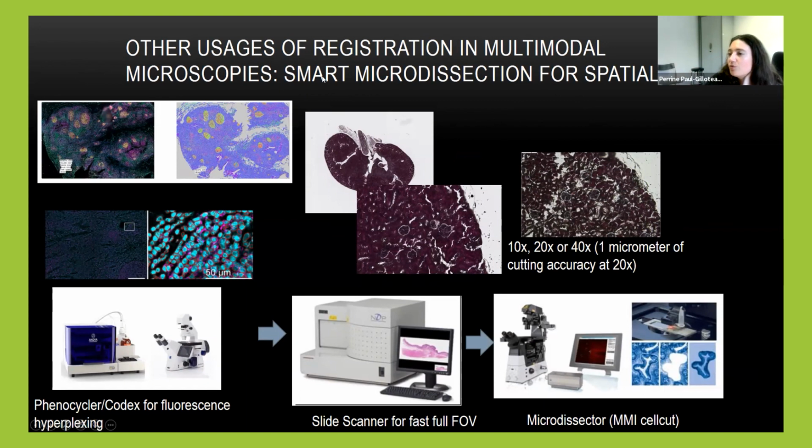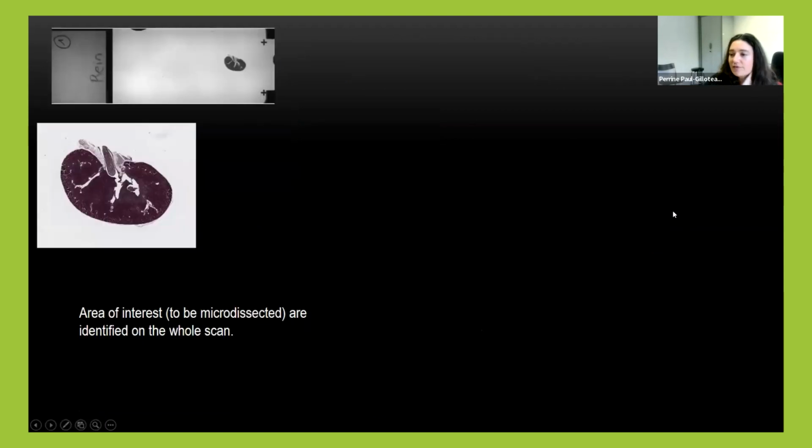The idea would be to identify the area of interest on this image and, performing different cascaded transforms, send this area of interest, so the cells of interest, to the microdissector to just collect the cells of interest.